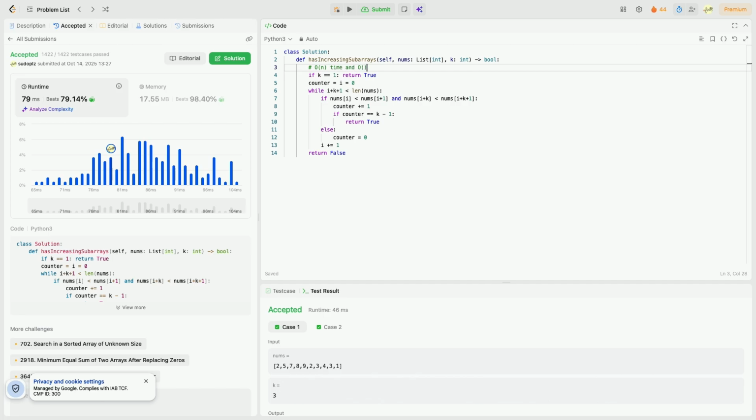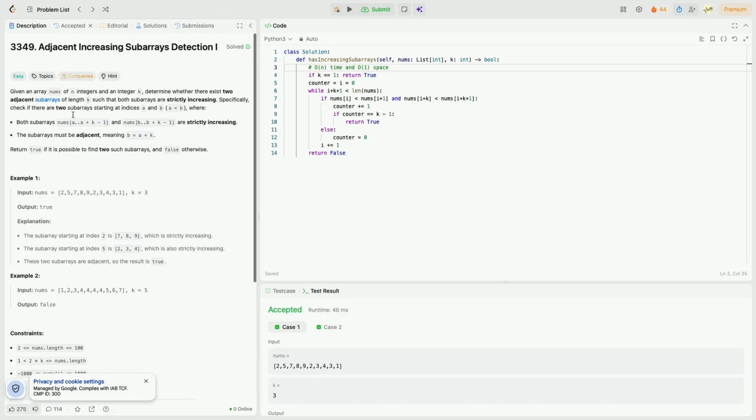Constant space, because we're not really storing anything except for the counter variable and the index. Right, so that's how to solve this problem. That explains why it's an easy one, a straightforward solve.